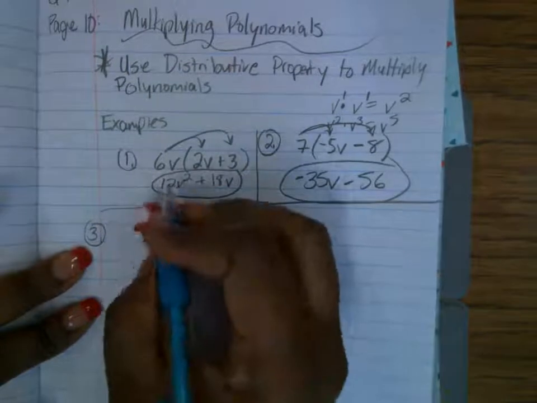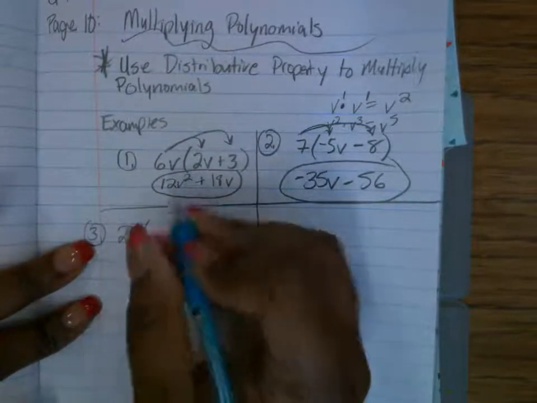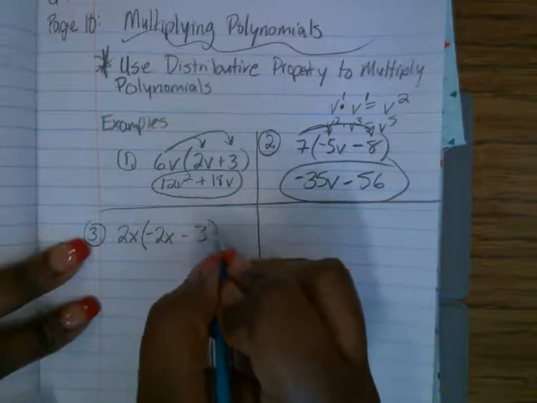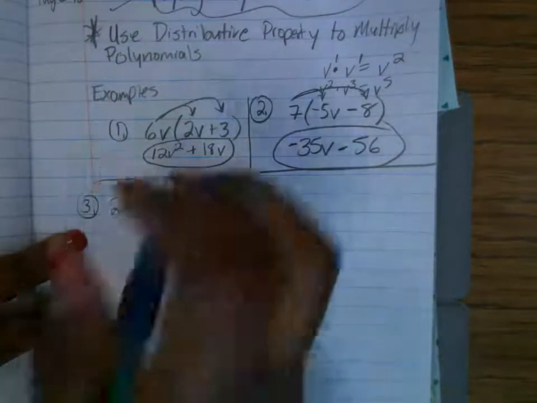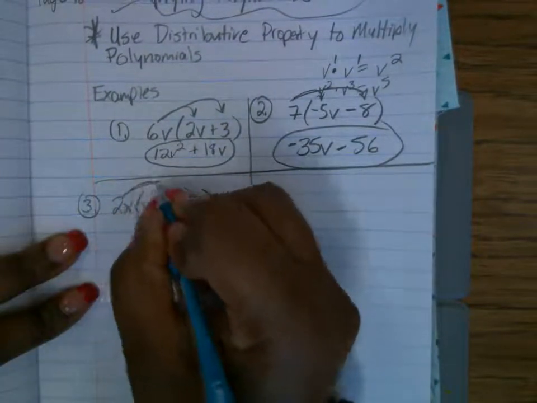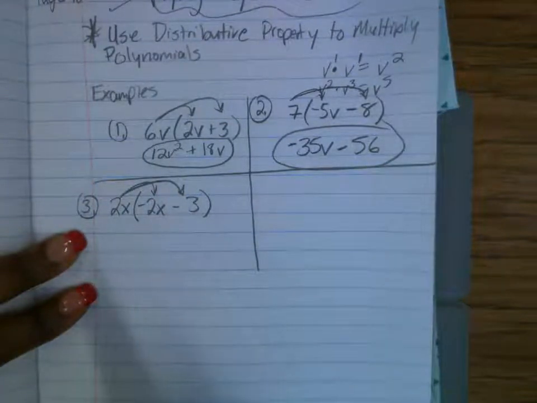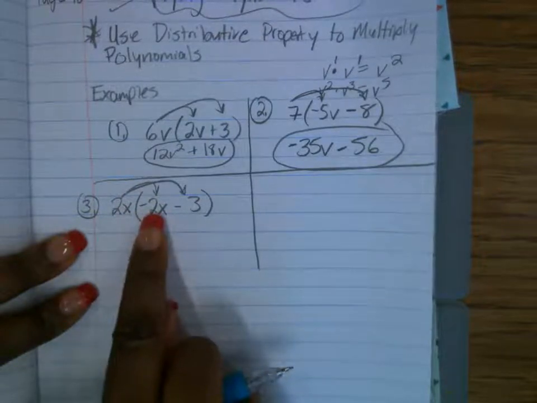Let's look at number 3. 2x parentheses negative 2x minus 3. We're going to do the same thing again. Distributive property. Okay. We're going to multiply 2x times a negative 2x. What's 2x times a negative 2x?